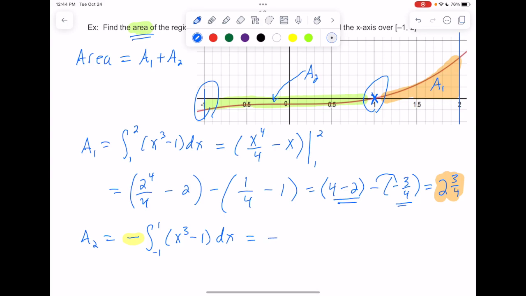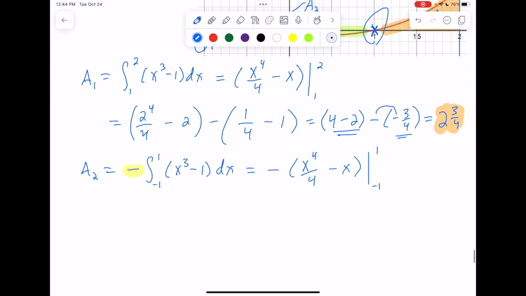So I'll just leave that negative out front, take the antiderivative, which is x to the 4th over 4 minus x, evaluate that from our lower boundary -1 to the upper boundary of 1, and now we just start doing the simplification. The negative is just along for the ride, so I'll put that out front and do some brackets, and then do the x to the 4th over 4 minus x.